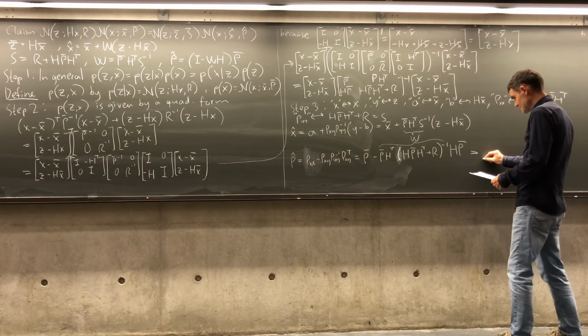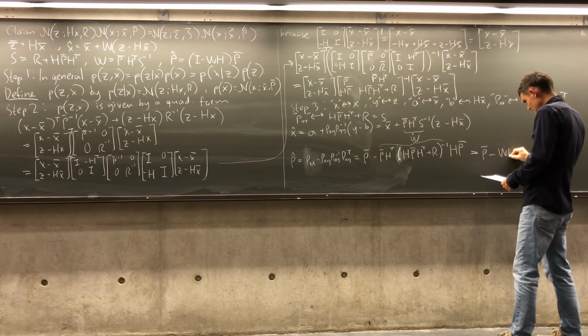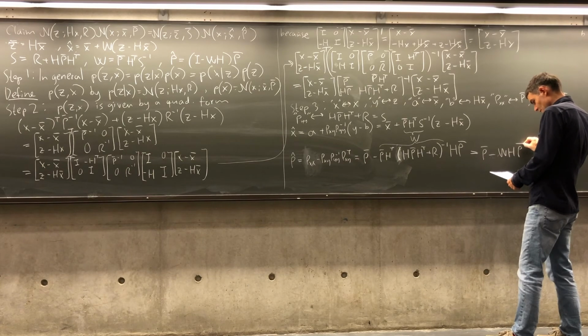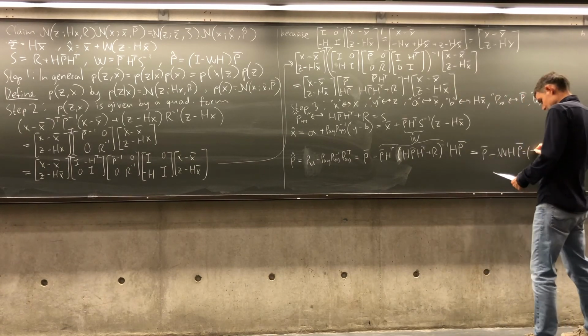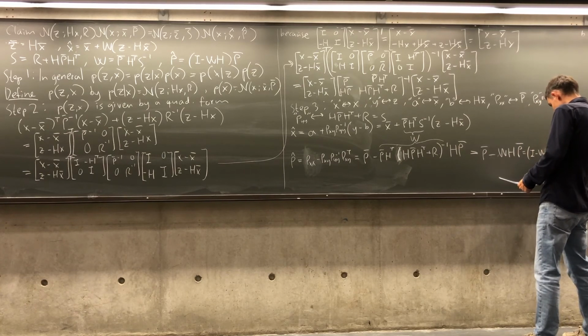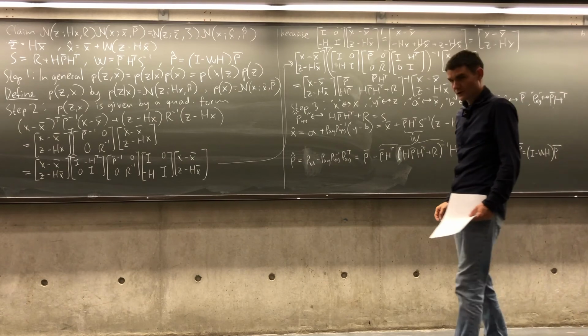Continue here. That is the same now as P bar minus W H P bar, which is the same as I identity minus W H, P bar. So then I have the covariance.